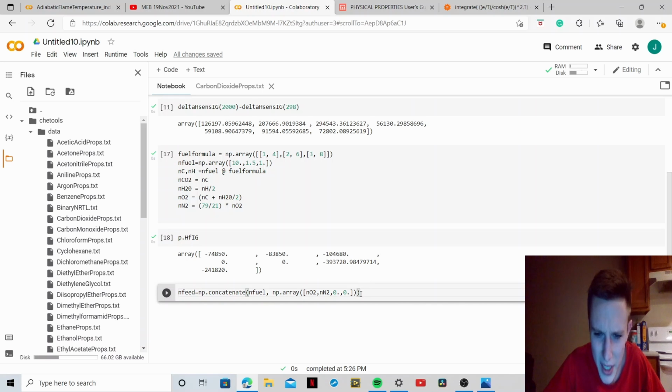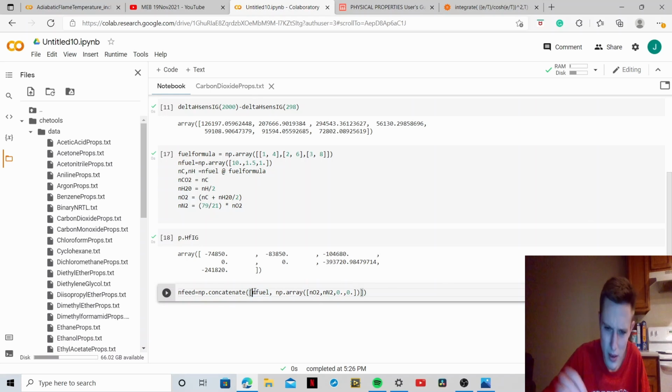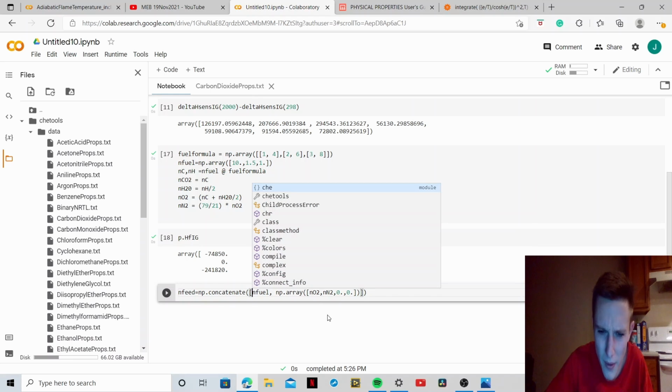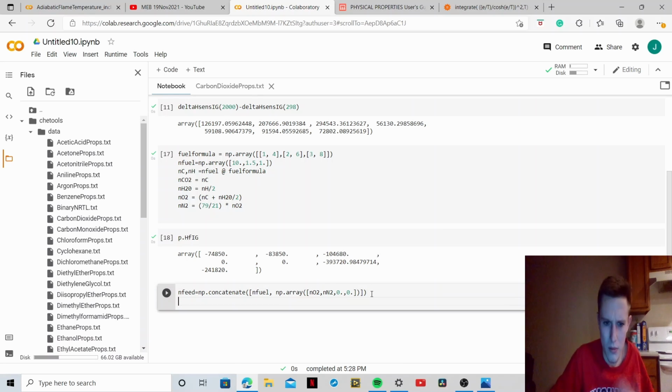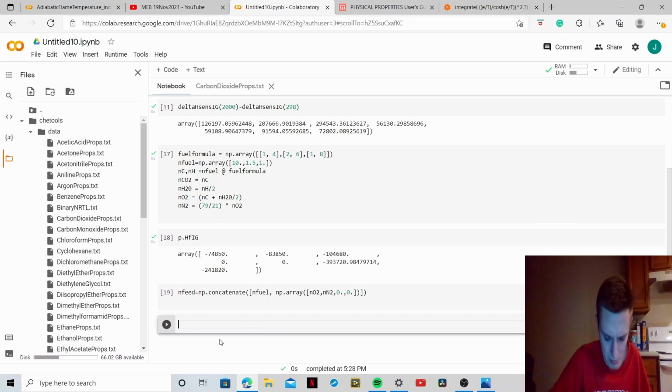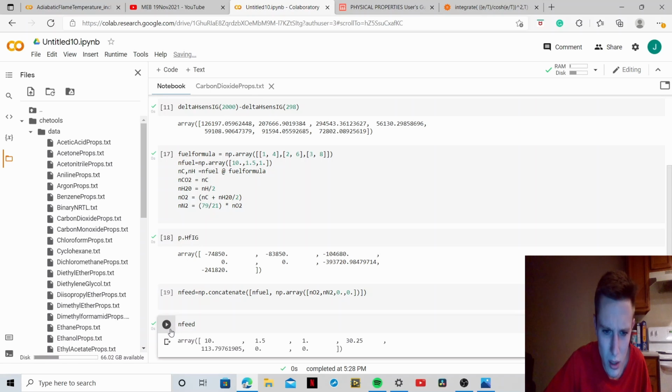I don't think the syntax is correct on this. Does that finish everything here? So yes. I think that's correct. Let's do that. So if we go down here to another box and put in feed, we can find the number of moles of all our components.